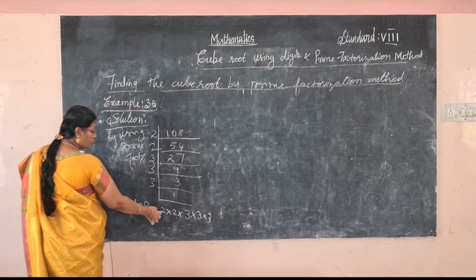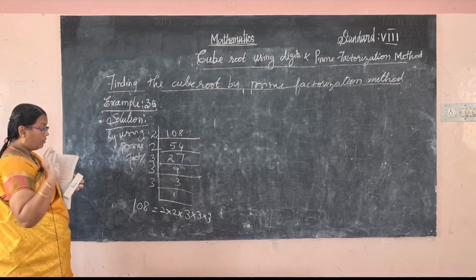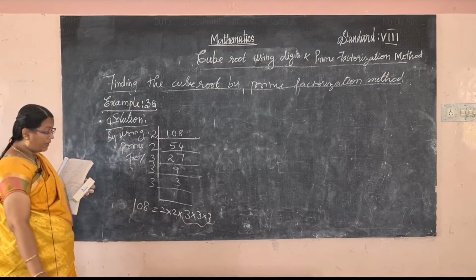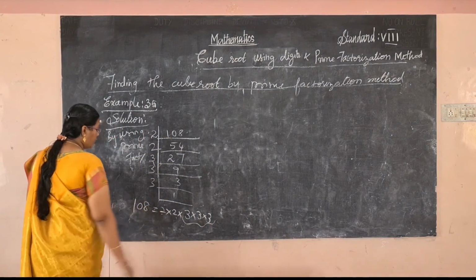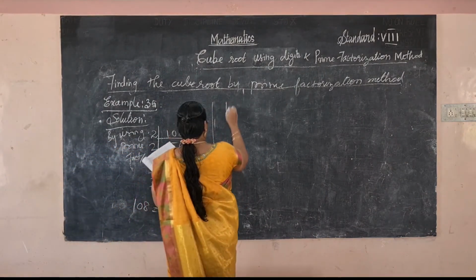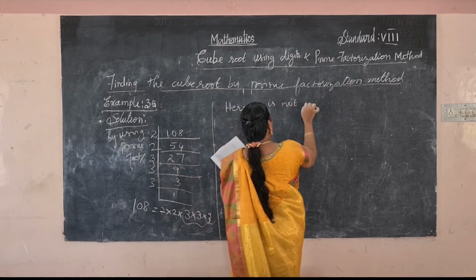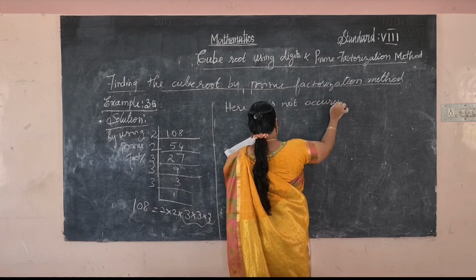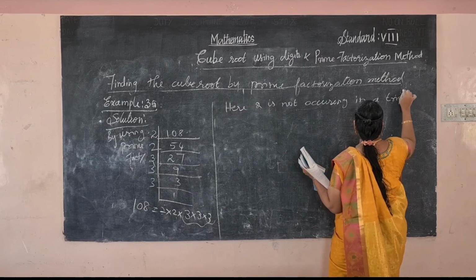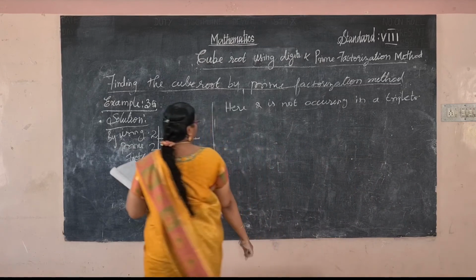But here 2 does not occur in a triplet. 3 has its triplet, but 2 does not; only two 2s occur.